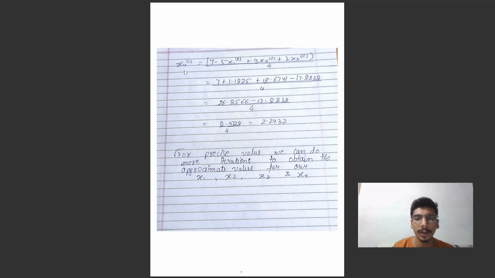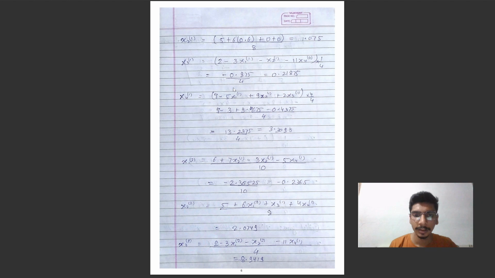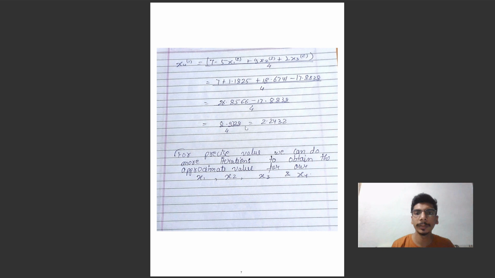Now in x4 we again put the latest values of x1, x2 and x3, which are: latest value of x1 is minus 0.2365, latest value of x2 will be 2.0749, and latest value of x3 will be 8.9419. After putting it in the formula and solving it, we got the answer equal to 2.2432.